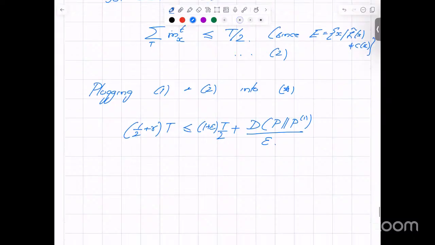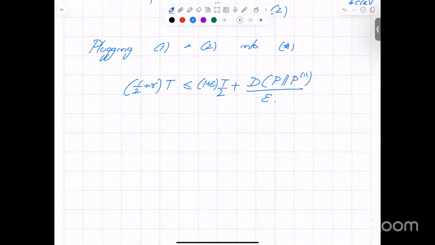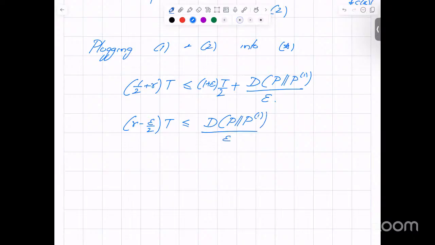Let's write this again. So T by 2, I'll bring half plus epsilon by 2 to the other side. So I'll get gamma minus epsilon by 2, times T, is less than or equal to D(P||P1) by epsilon.